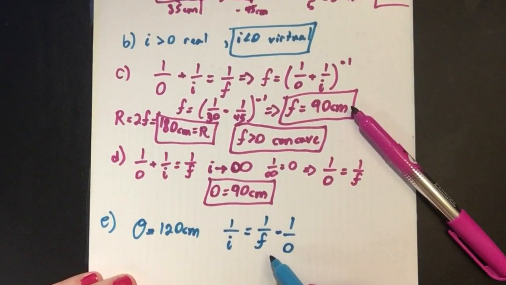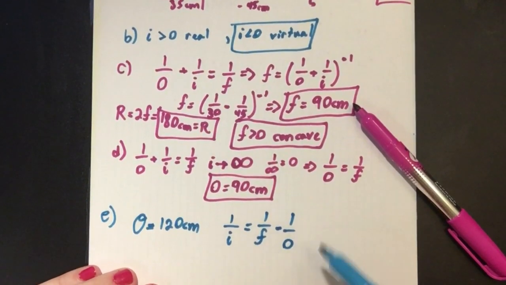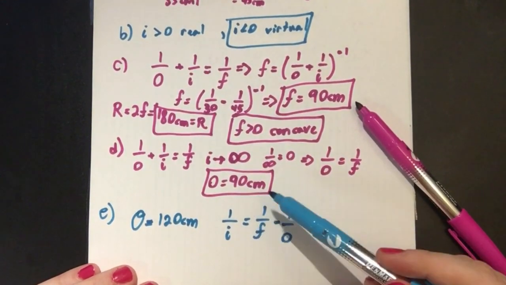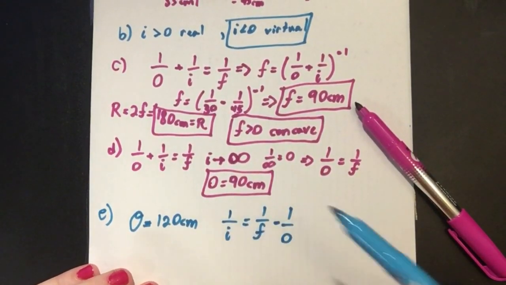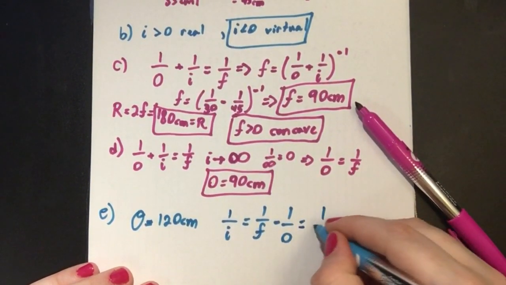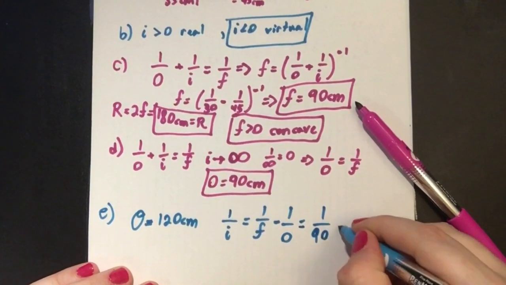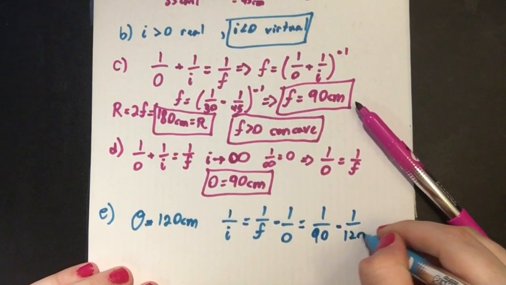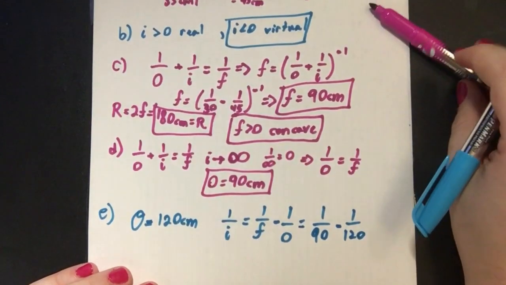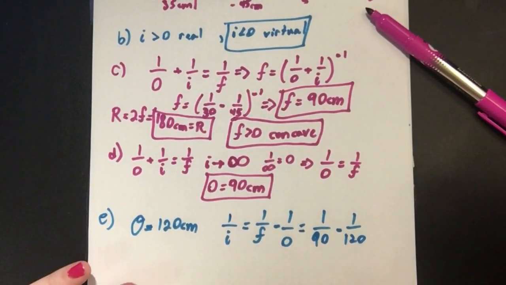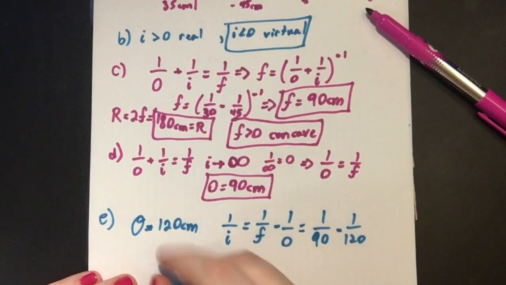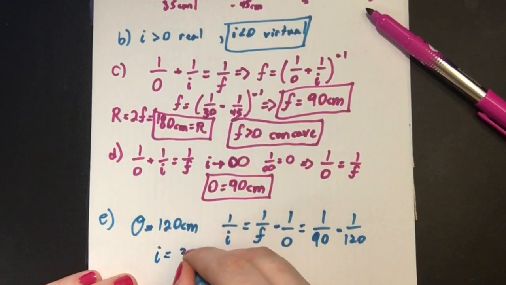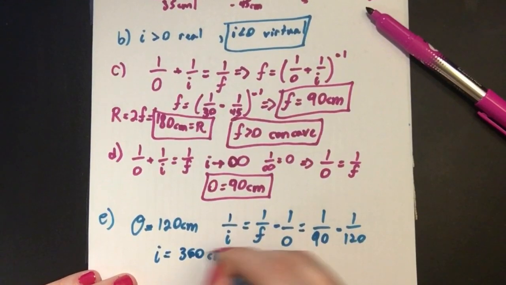We know the focal length because the mirror hasn't changed, and we know the object distance because we solved it in the previous problem plus 30 more centimeters. So we get 1 over 90 minus 1 over 120. And that gives us an image distance of, remember this is 1 over I, so it becomes 360 centimeters.